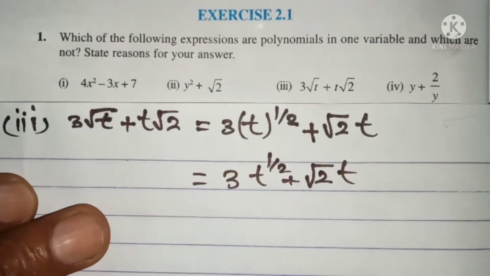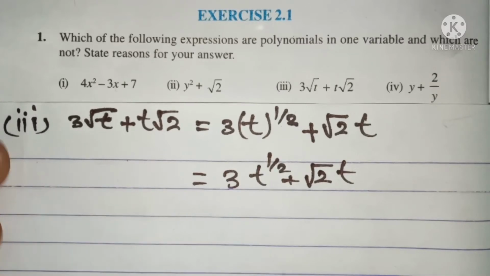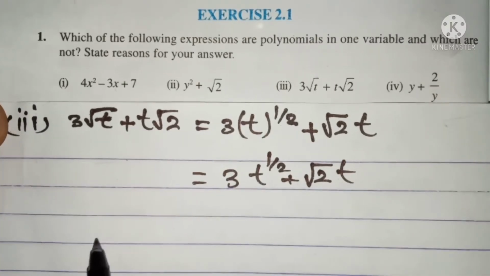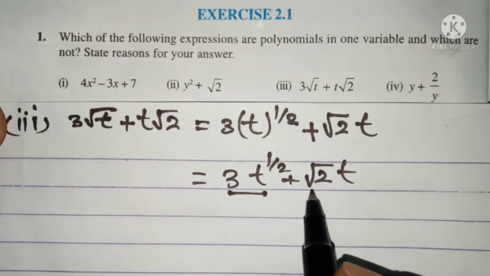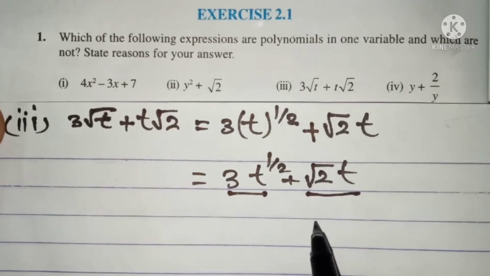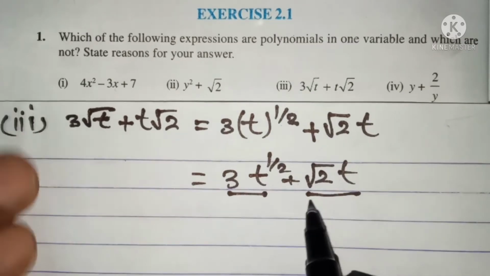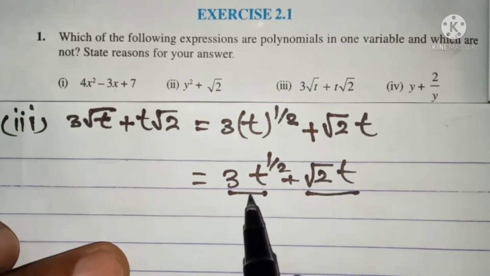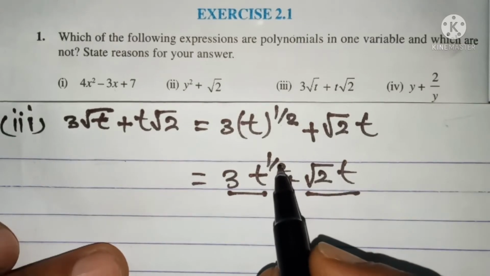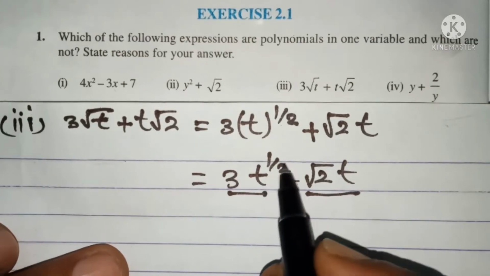We have to check the characteristics of a polynomial, in which the first one is the number of terms. Here we have two terms, so the number of terms is finite. Again, we have to check the exponent of a variable, or degree of a variable.